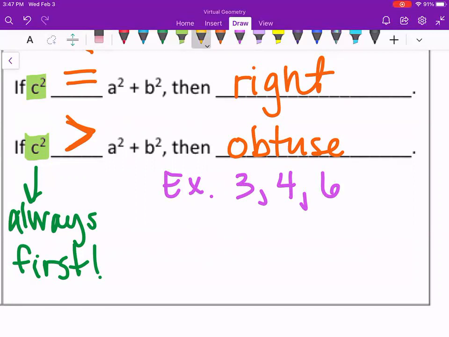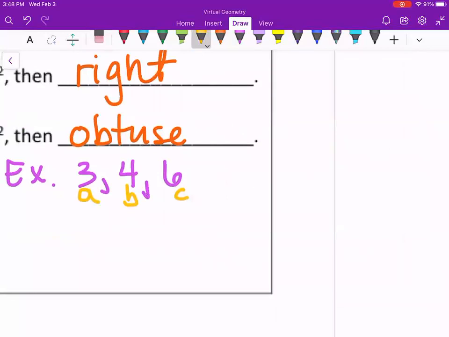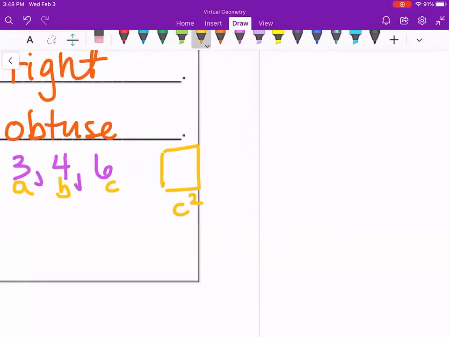And I said earlier, I usually let A be my smallest side, which means my A, B, and C. So leave a space for C squared. We're going to have to figure out what symbol we need. And then we're going to add up A squared and B squared.